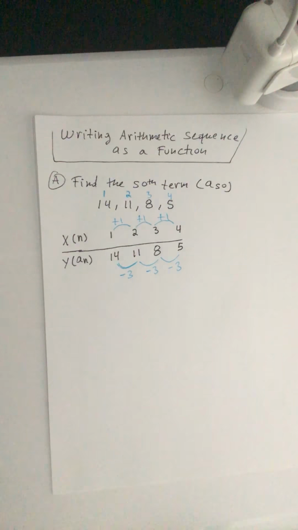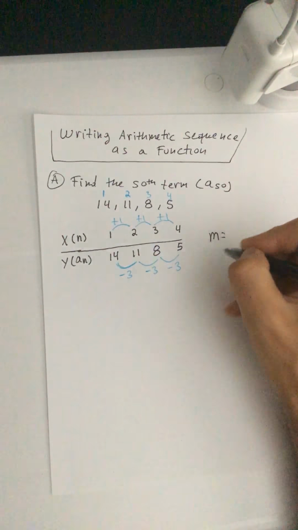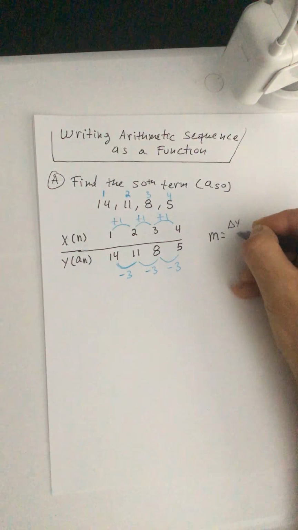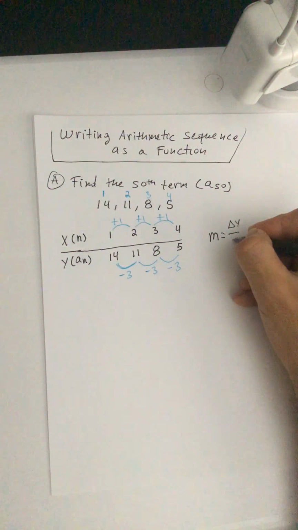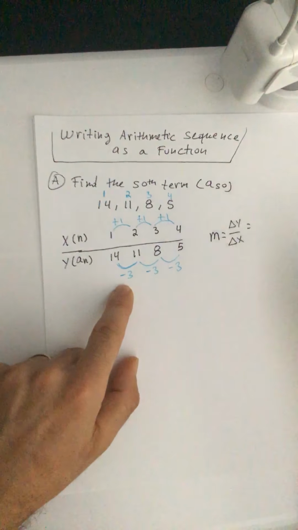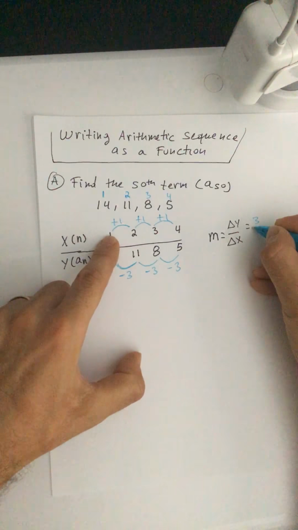Now, how do I find the slope? From previous chapters, we know that the slope is basically the change in y over the change in x. The change in y is 3, the change in x is 1.